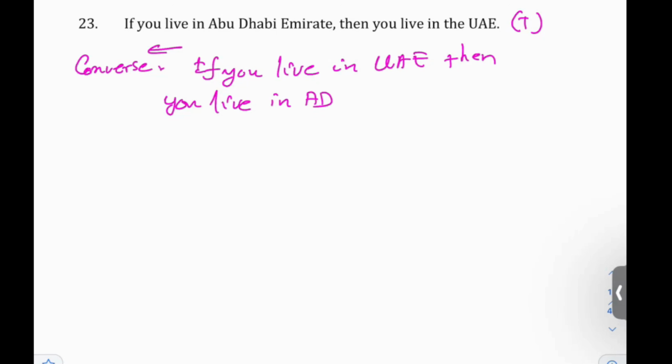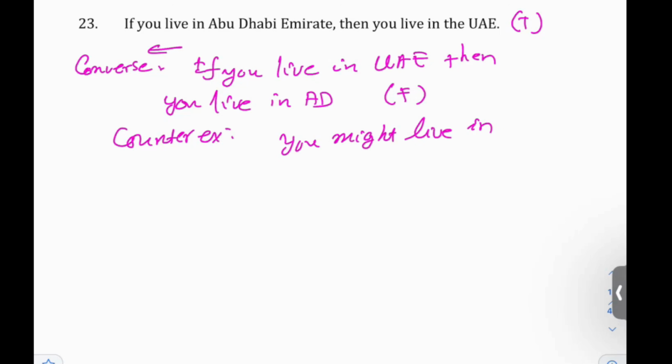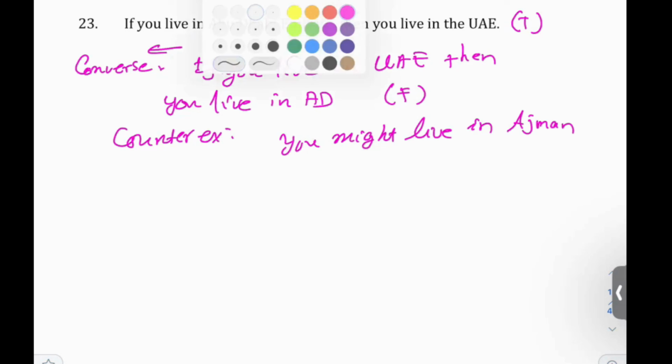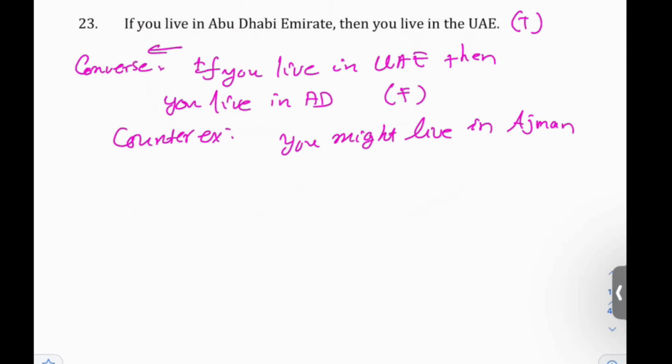Is this true? Of course, this is false, because the counter example here can be that you might live in Dubai or in Ajman or in Sharjah. Any of them can be a counter example.